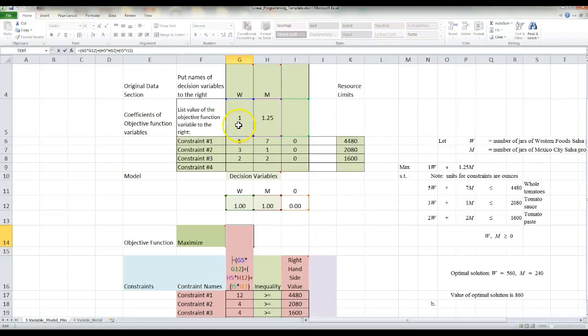But what I want is the value in G5, which is the coefficient on the first decision variable in the objective function. So I want to take that 1 and multiply it by the number in the decision variable cell, which in this case is G12 for me. It's a good idea to look at the function area up here where you can see the equation. Might be a little small on your screen, but if you want to zoom in, I think you can.